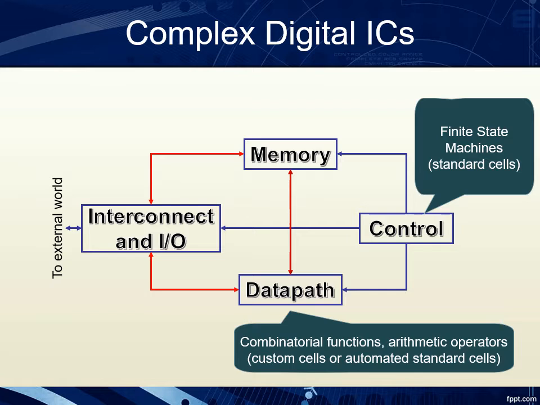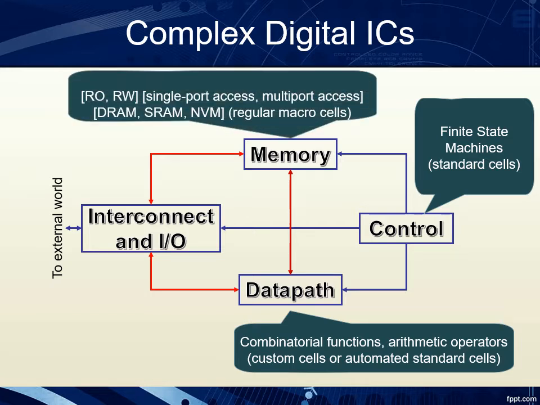Then we have the memory. Memories require very specific types of components. We have various types of memories and we also have various ways to classify them. According to writability, we have read-only memory and readable and writable memory. According to the number of accesses, we have memories with single port access and memories with multi-port access.